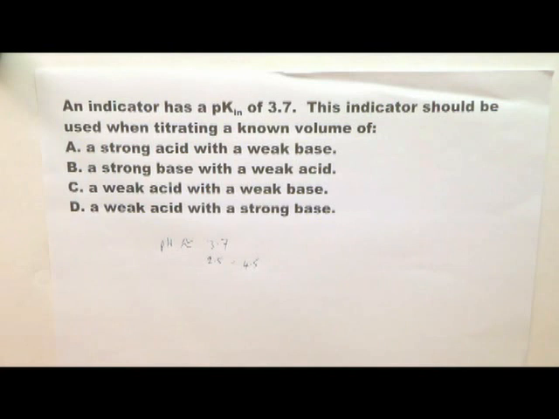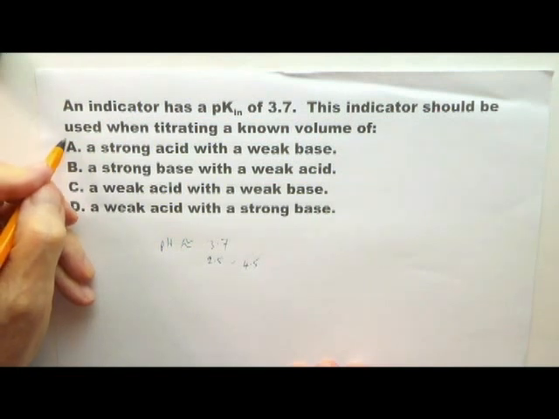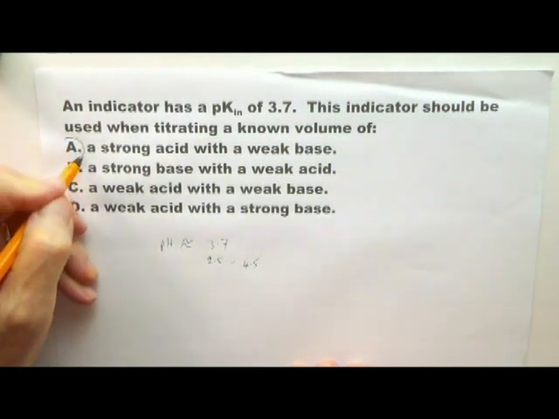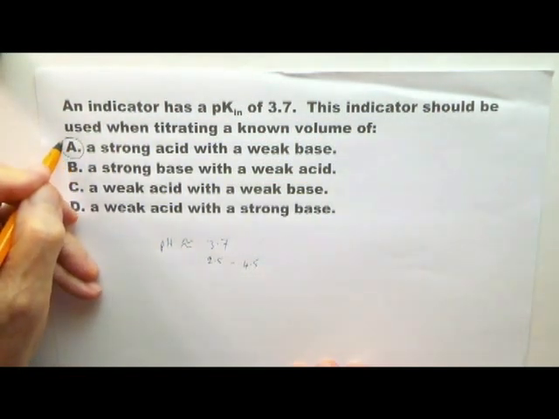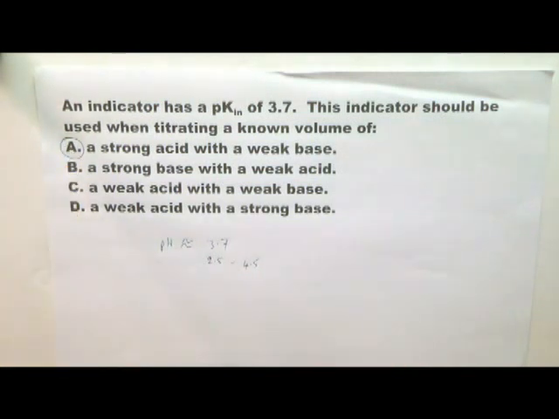Clearly, we know from experience that with a weak acid and a strong base, the pH is greater than 7. With a weak base and a strong acid, the pH is less than 7 at the equivalence point. So we're doing a strong acid and a weak base, and that is where this indicator would be used.